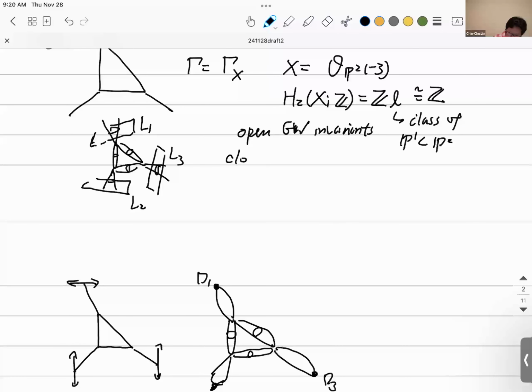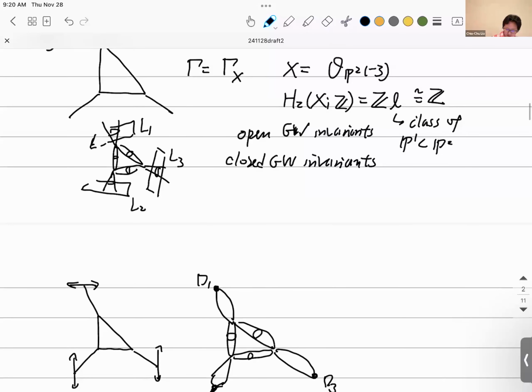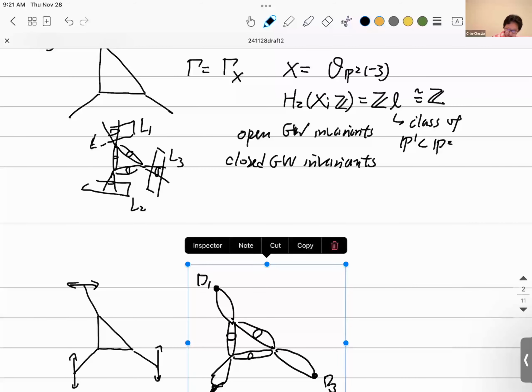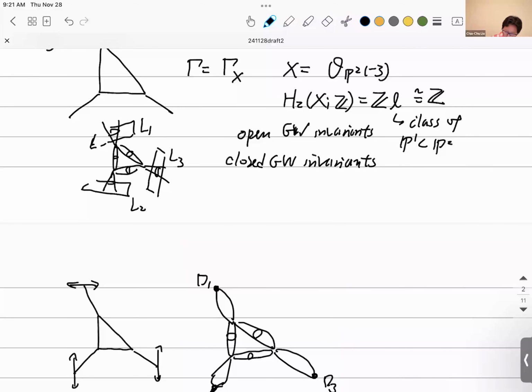And we also have closed Gromov-Witten invariants, just the usual closed Gromov-Witten invariants counting closed holomorphic curves. Then they will not touch these Lagrangians, and their image will be in the base P1. And we know it depends on D.